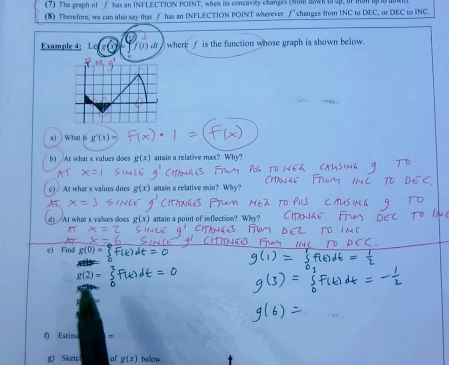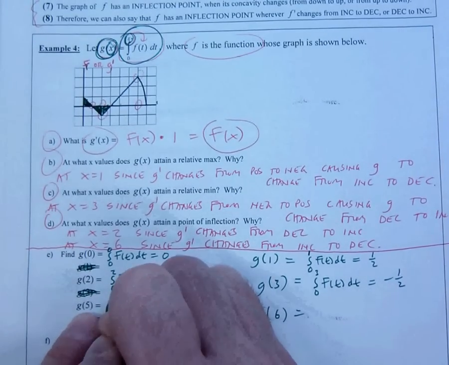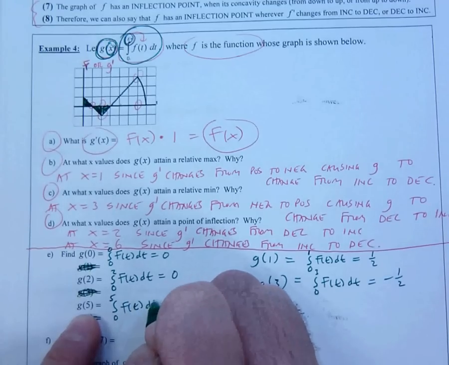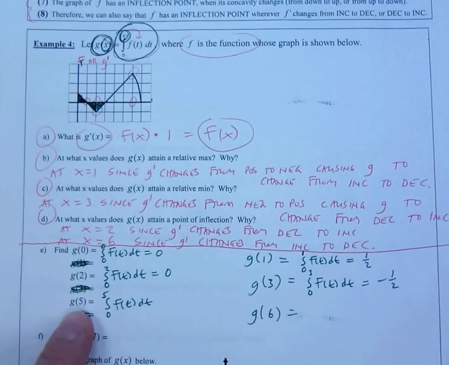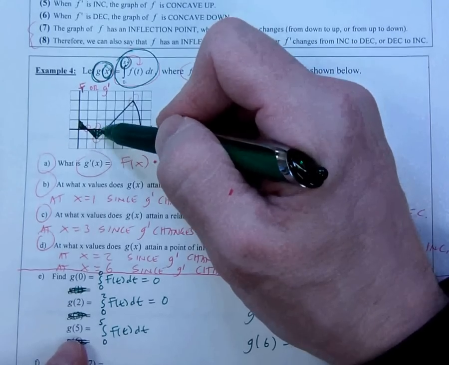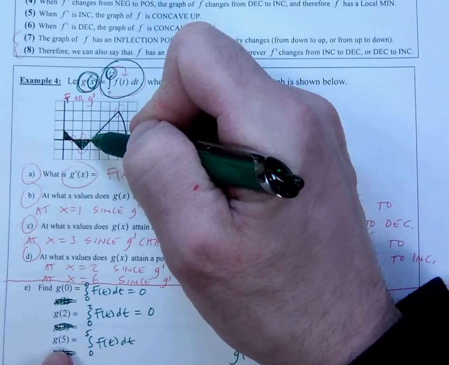All right, now what? Just put a 5 in there. So now you're talking about the area between f and the x-axis from 0 all the way to 5. And so, well, basically that and that is 0 minus, that's a half. 1, 2, 3, 4, 5.